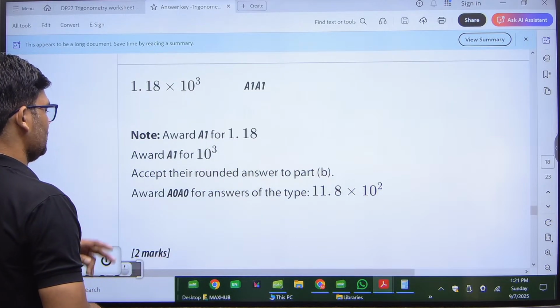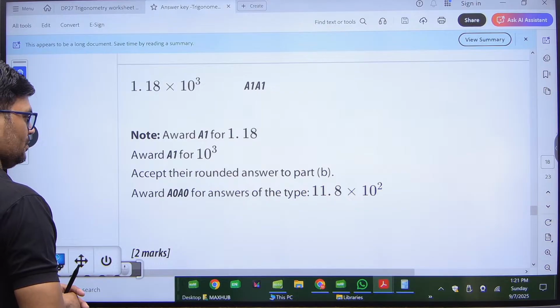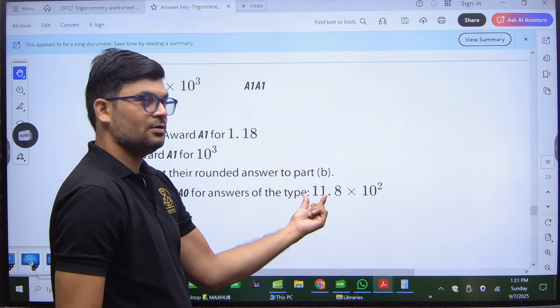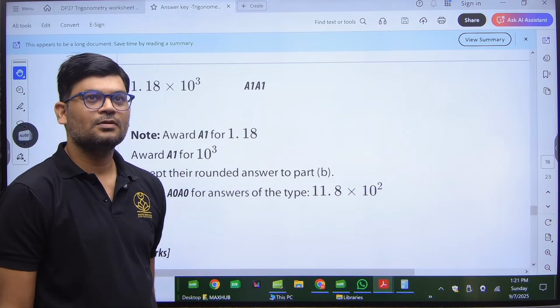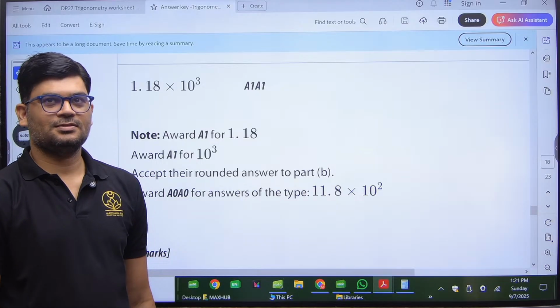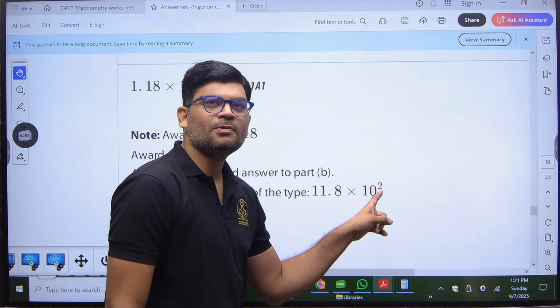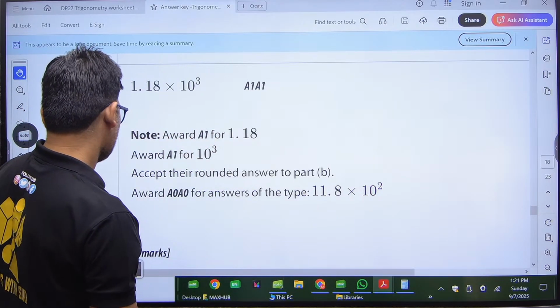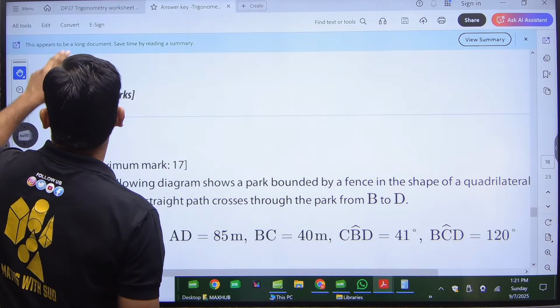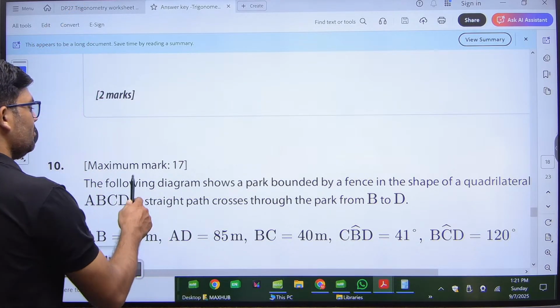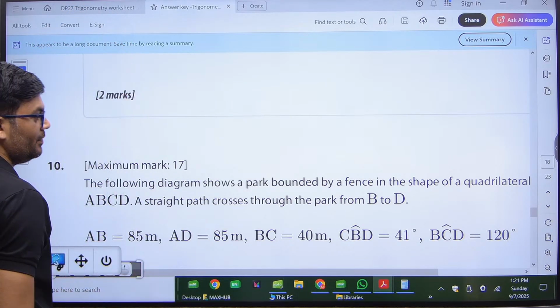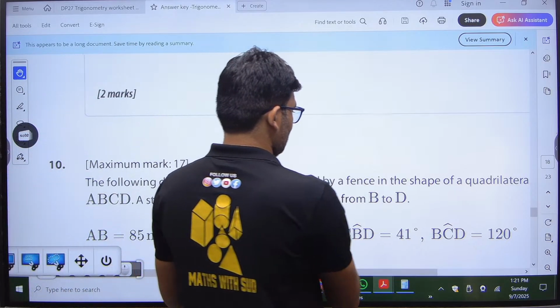Award no mark for answers of 11.8 and the like, because in standard form it can't be greater than 10. So if this is 10 to the power 3, then it is fine. Okay, so maximum marks 17. I think it's a 17-mark question. Wow.